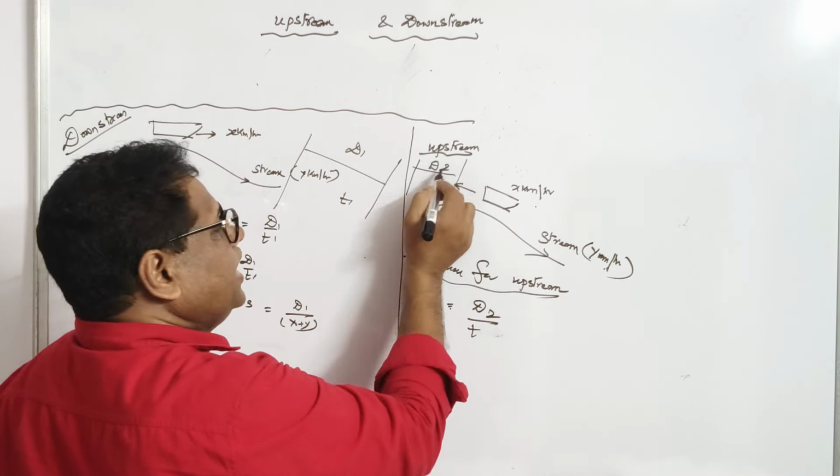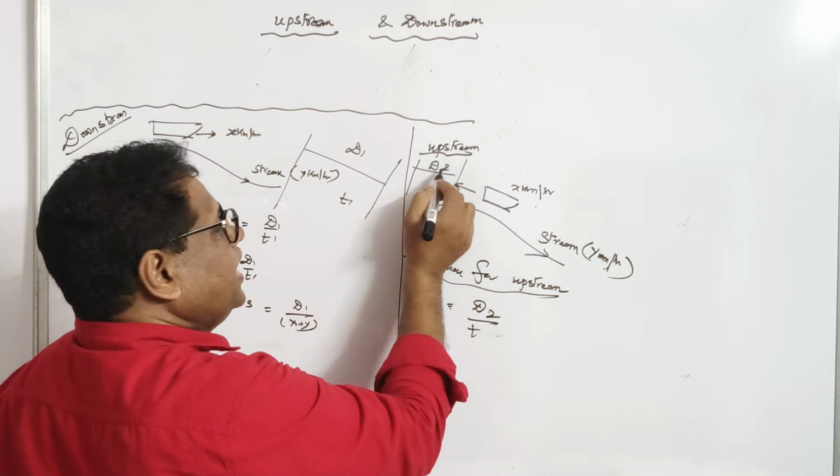Now suppose the same distance is covered upstream and downstream, we can replace d1 and d2 by d. The questions are given like this: the total time t for downstream motion and upstream motion is given. So we can equate t equals t1 plus t2.